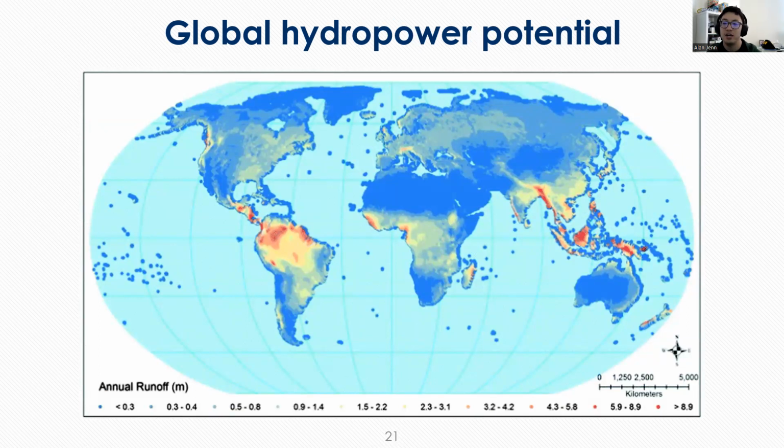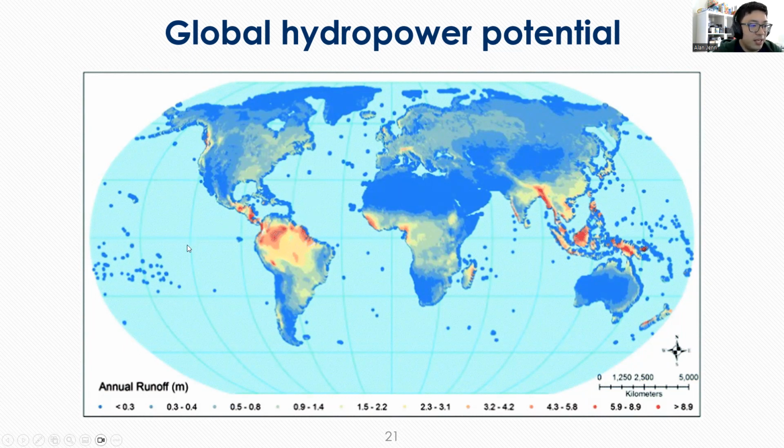Okay, and in terms of potential, where are the best places to put it? You can see in the Pacific Northwest there are pretty good resources over here, and so that's why you do have a lot of hydropower there. And some in the Northeast as well, not as good as up in the Pacific Northwest.